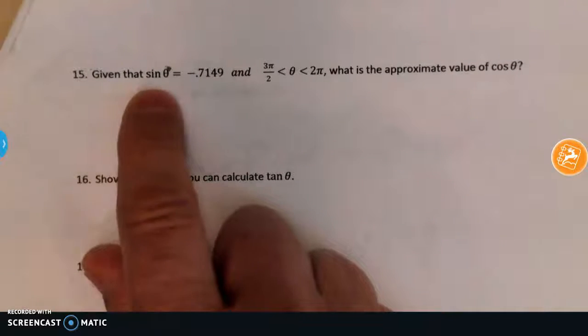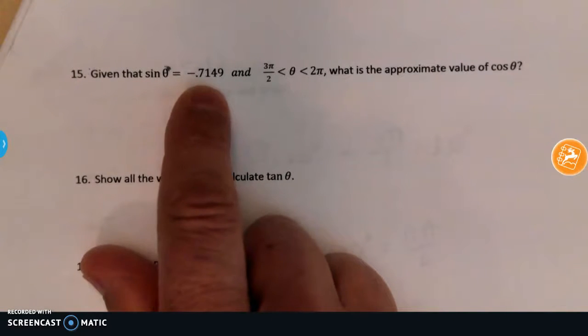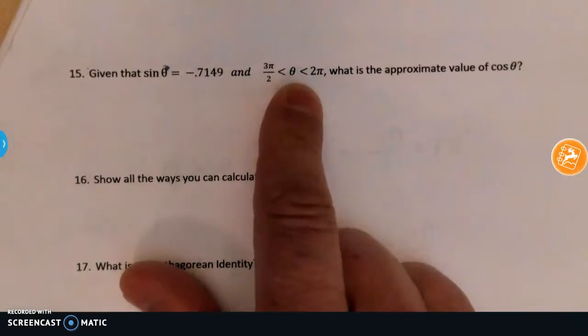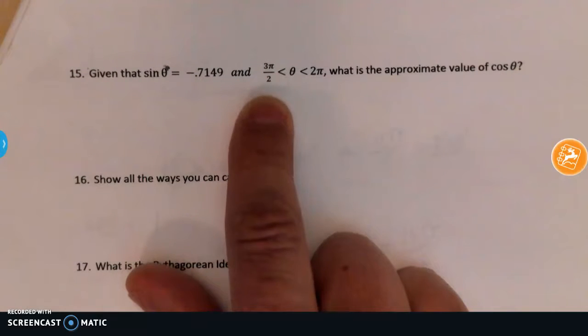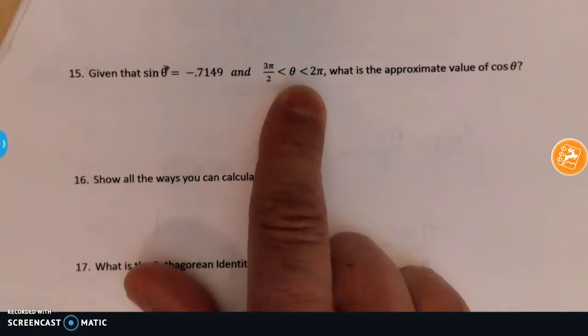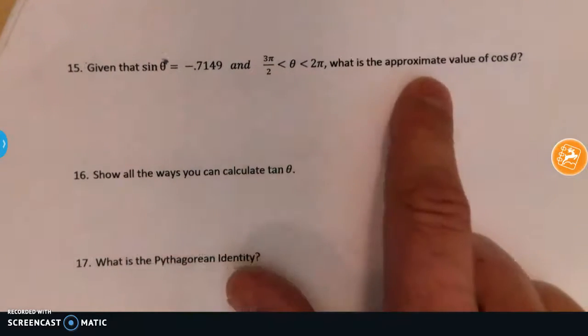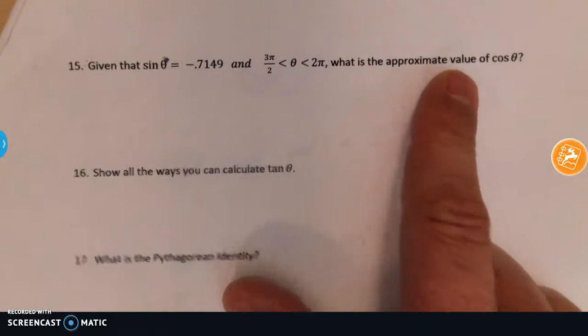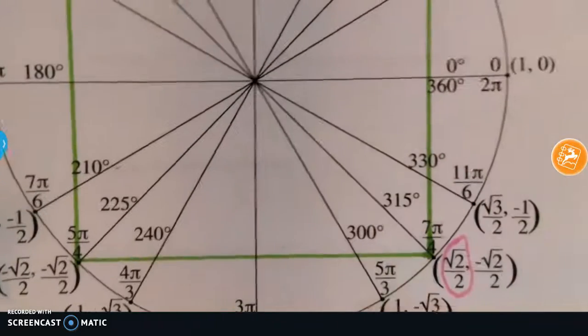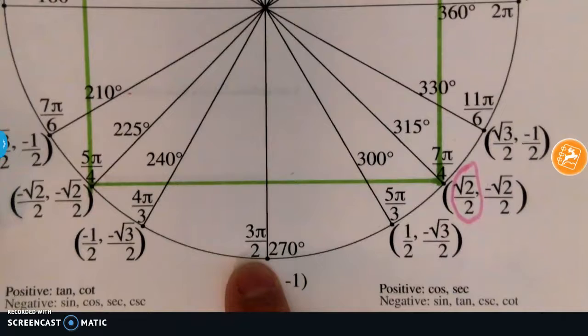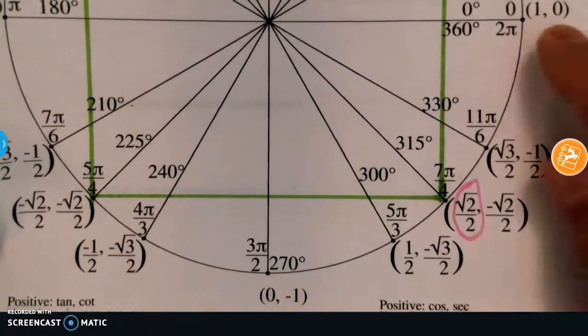So given that the sine of theta is negative 0.7149 and theta is between 3/2 pi and 2 pi, what is the approximate value of cosine? So 3/2 pi radians to 2 pi radians.